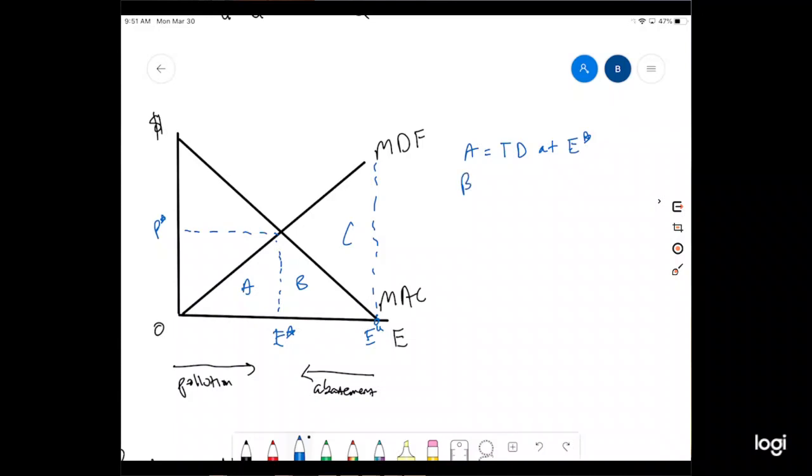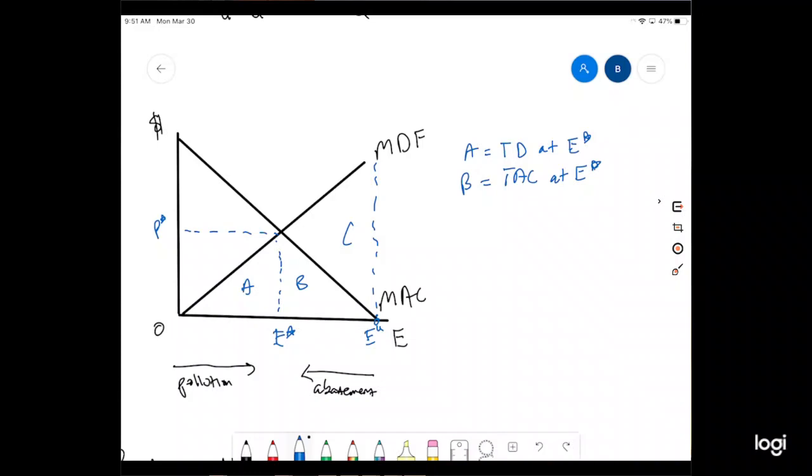B, assuming we're consuming up to E star, is going to be total abatement costs at E star. What are the abatement costs? It's not free to reduce emissions. Remember when we went to Rawhide, they talked about installing scrubbers, pollution scrubbers, the things that take mercury and SO2 out of their emissions.